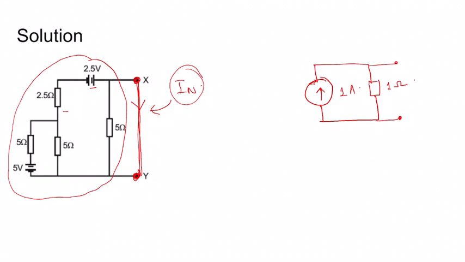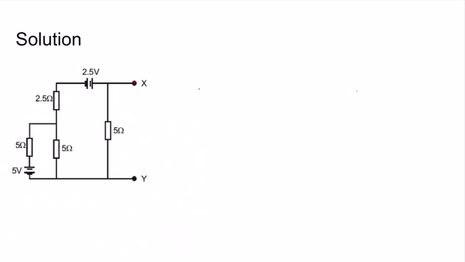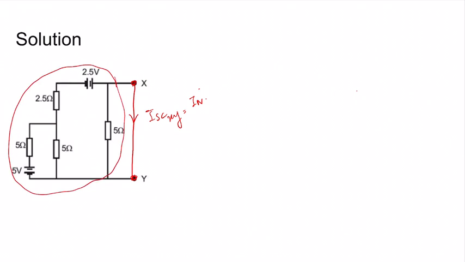Coming to the solution, it is asked to determine the Norton current across these two nodes. To do so these two nodes should be shorted, and the short circuit current of these two nodes is nothing but the Norton current. So in order to find it, this circuit should be simplified.